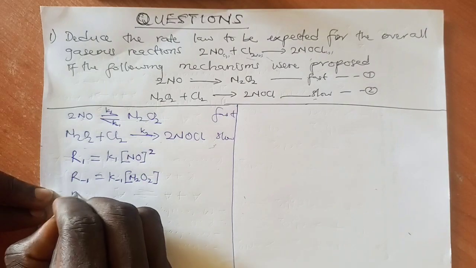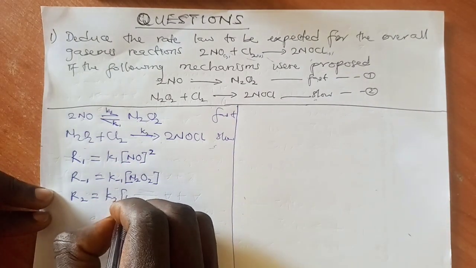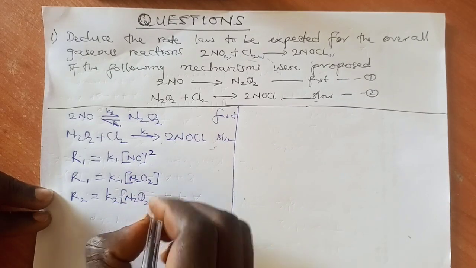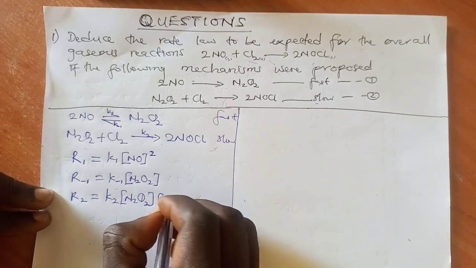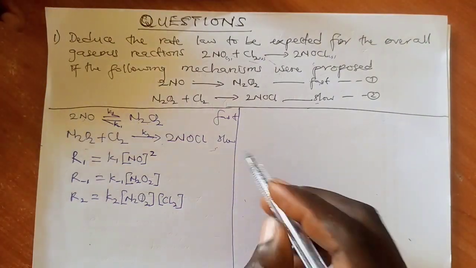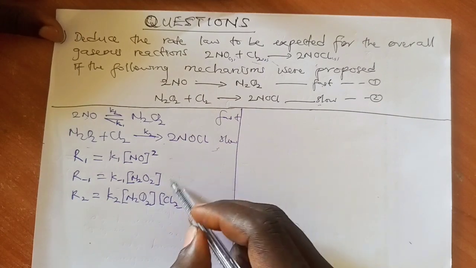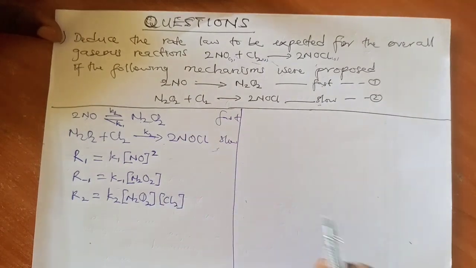The last one is R2, which will give you K2 times N2O2 times Cl2. So the rate law of each of them has been written. There is a mark that will be awarded for each of these.